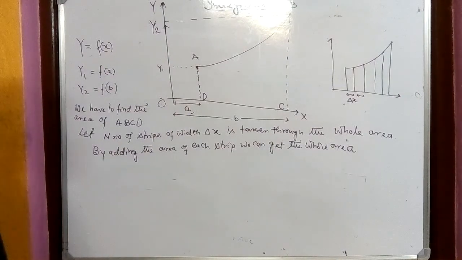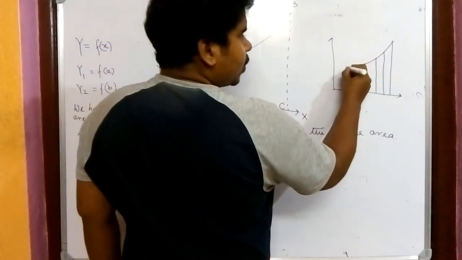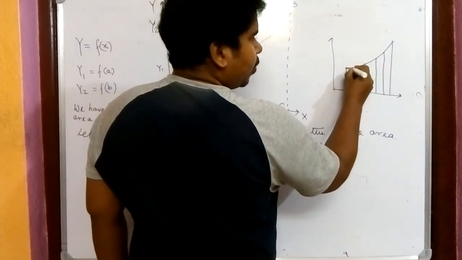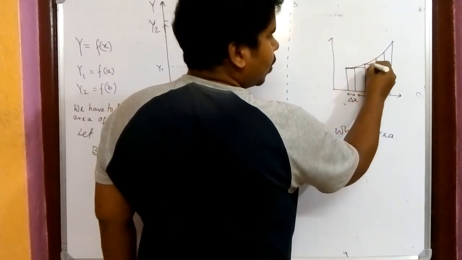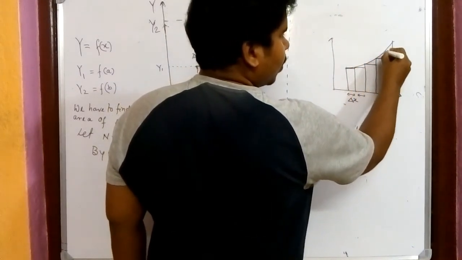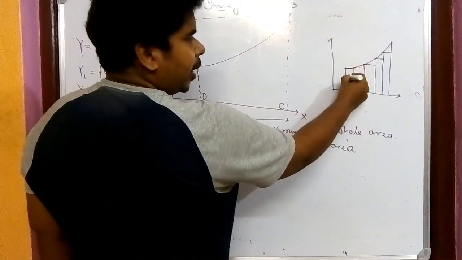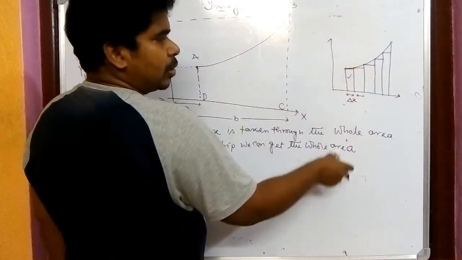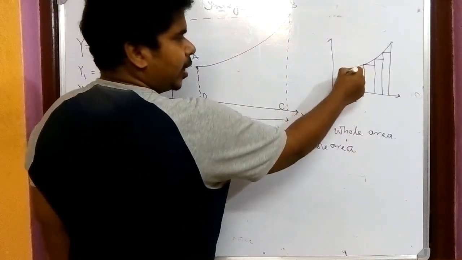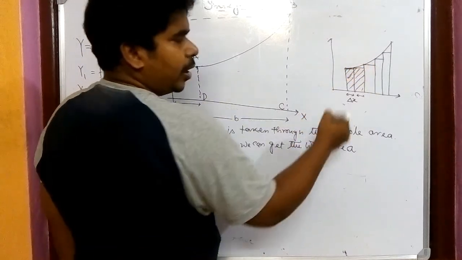But here we have seen some problems. If I draw a straight line, I can find the area of this stripe because the height is known. This height is also the same, so it is a rectangle. I can find this area, and this area also. It is very easy.